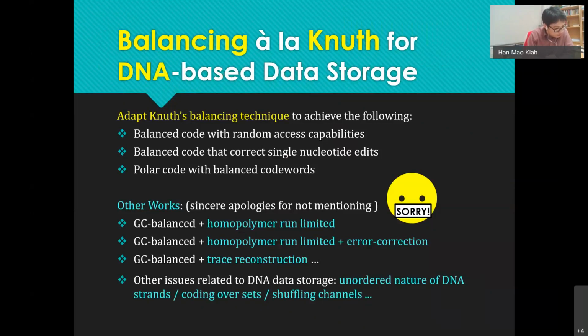Also, there's another huge community working on issues related to DNA-based data storage, who try to address the unordered nature of DNA sequences, this notion of coding over sets, and also this notion of shuffling channels. I apologize for not mentioning these works during this talk.